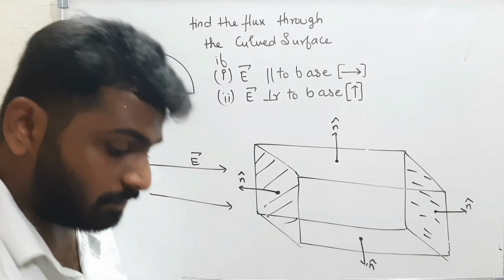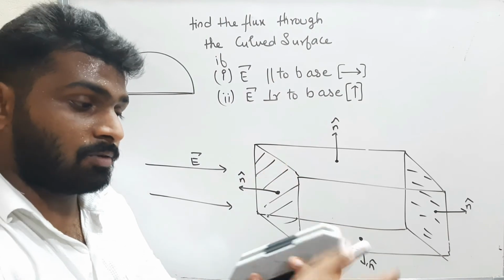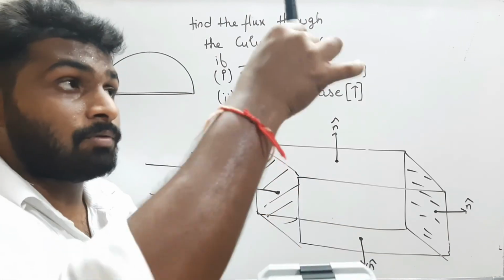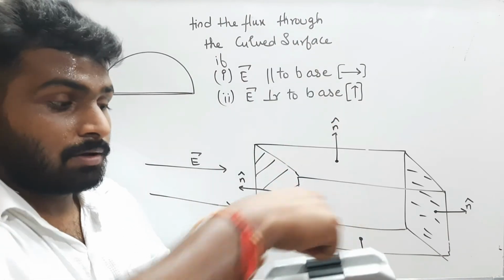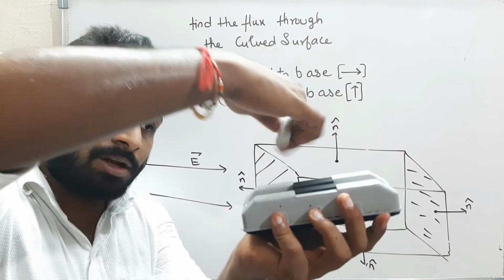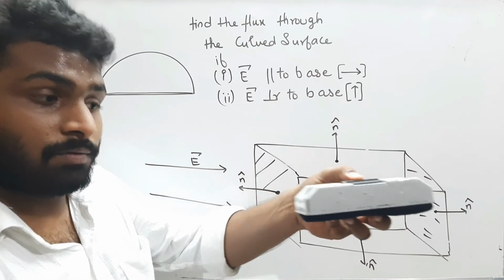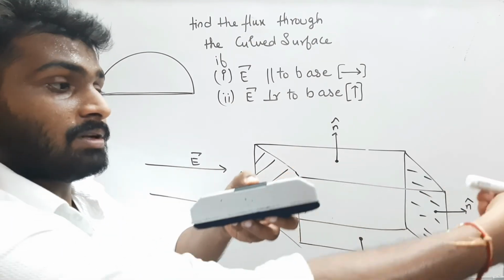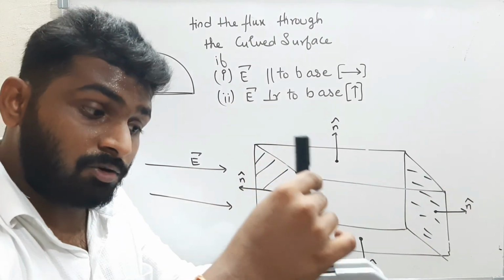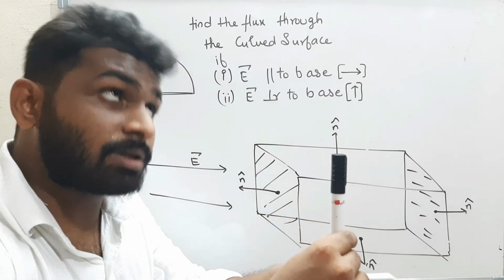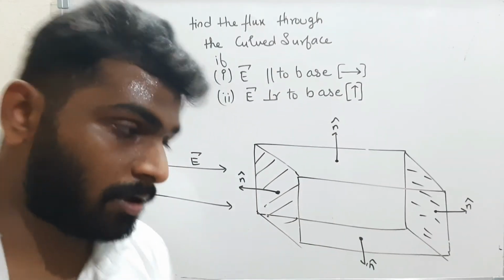For this surface, the area vector will be like this, and for this one like this. That means the area vector will always be perpendicular and always projected outwards. Okay.